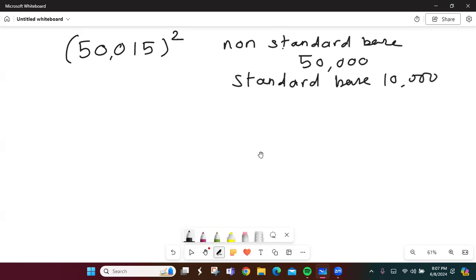And as we can see here, the non-standard base 50,000 is 5 times the standard base 10,000.